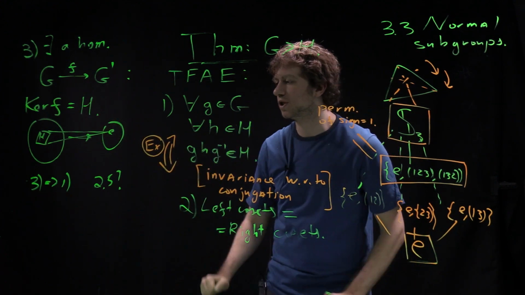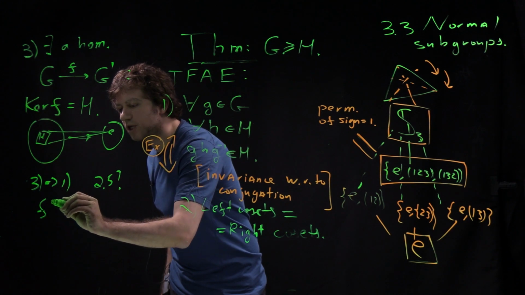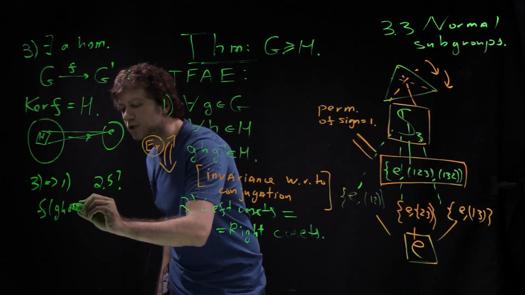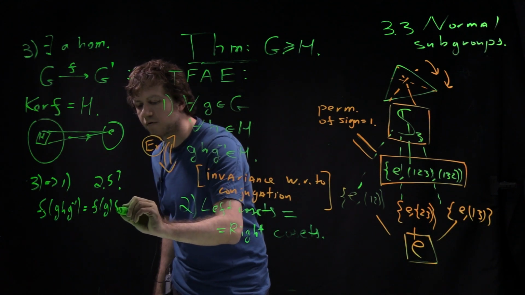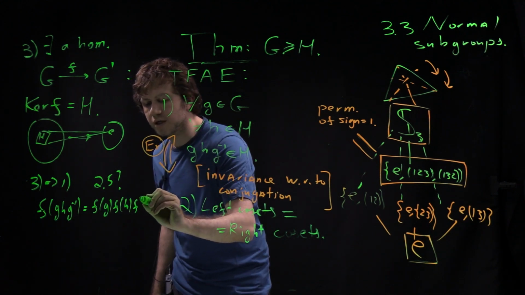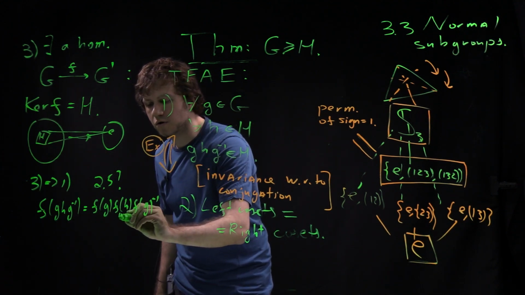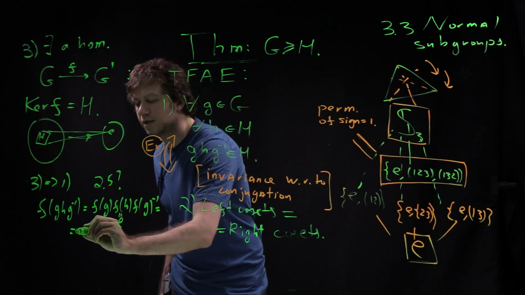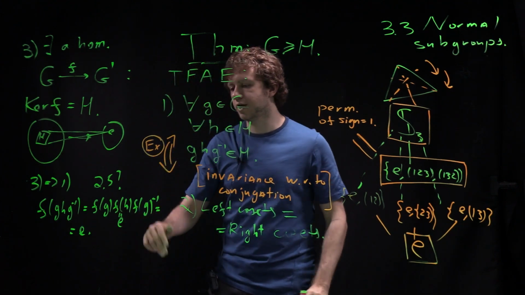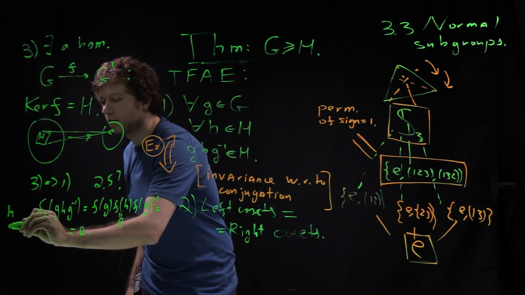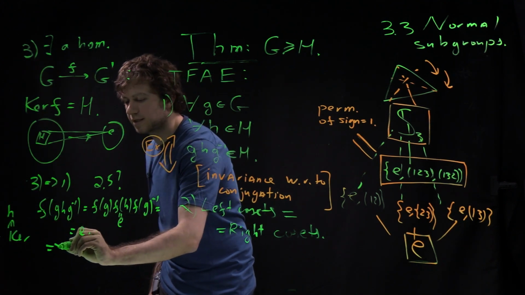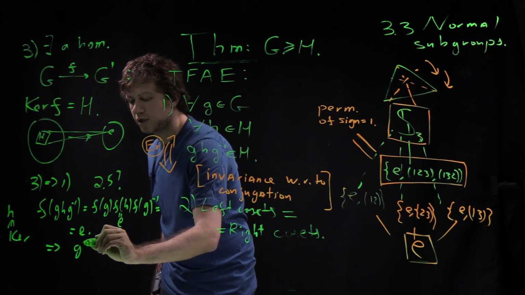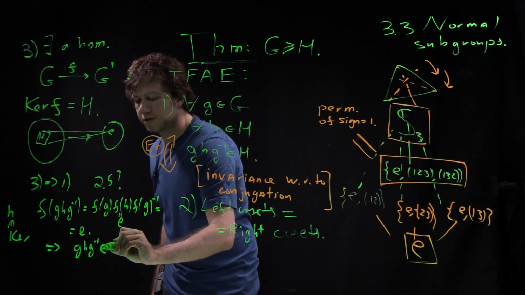Apply F to it, and it follows from the computation: F of g h g inverse is equal to F of g, F of h, F of g inverse. If h is in the kernel, that's the identity, and so you get the identity. So if h is in the kernel, then it implies that g h g inverse is in the kernel.